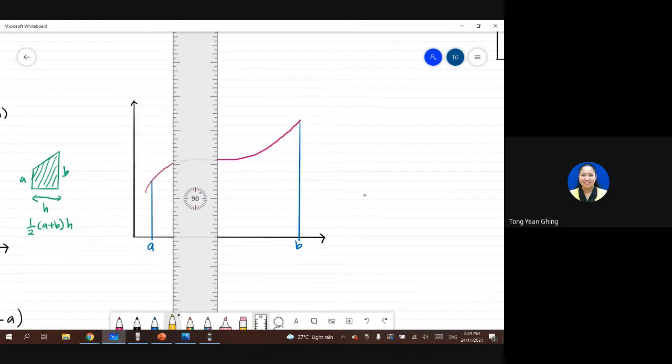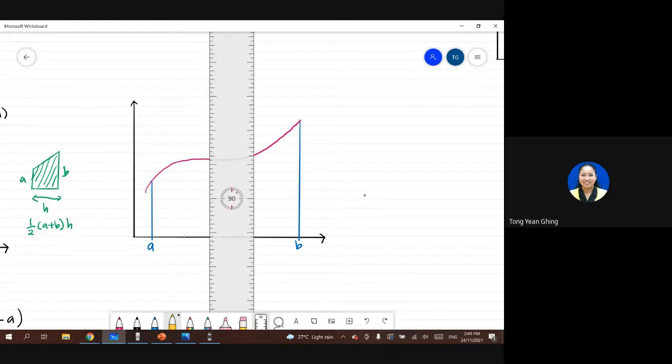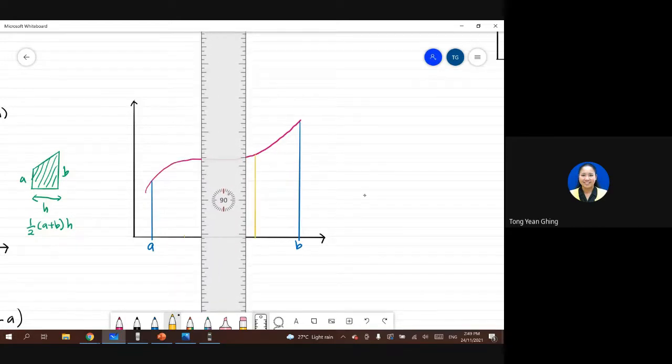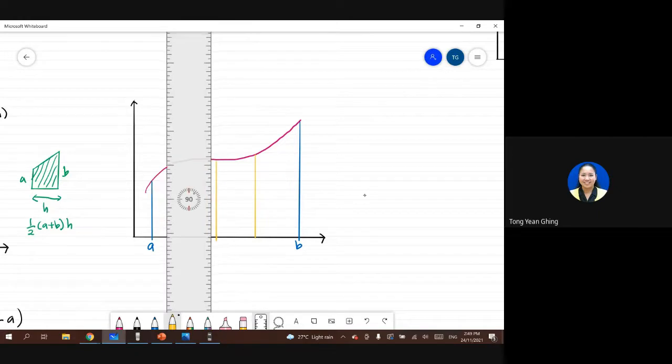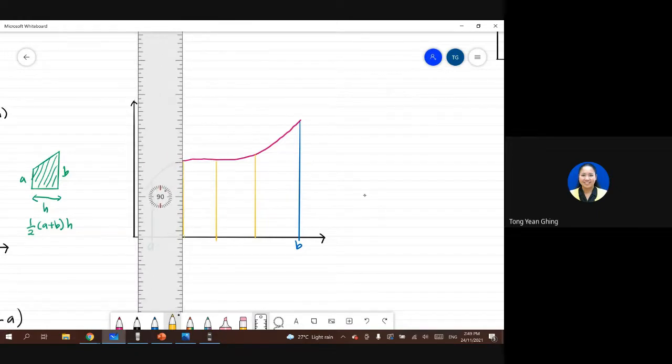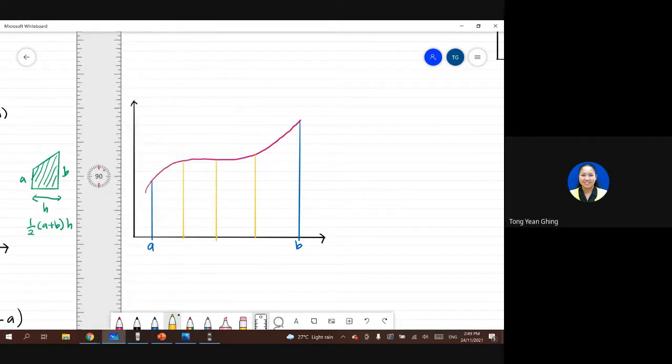Let's say 1, 2, 3, 4. Let's say the step size h is the same for all, even though they are not exactly equal.